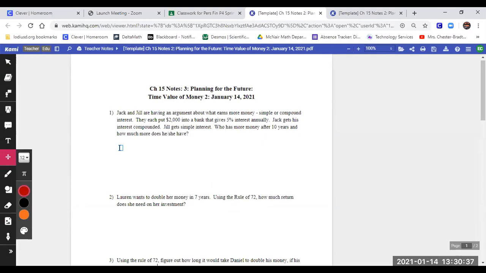Now we're using our simple interest and compound interest formulas that we did yesterday.